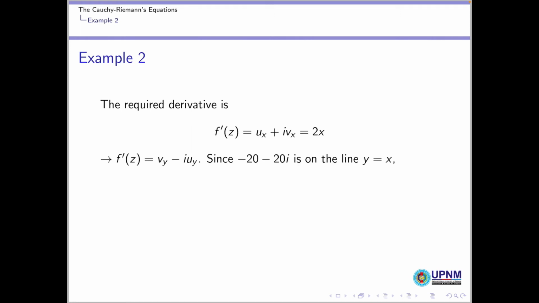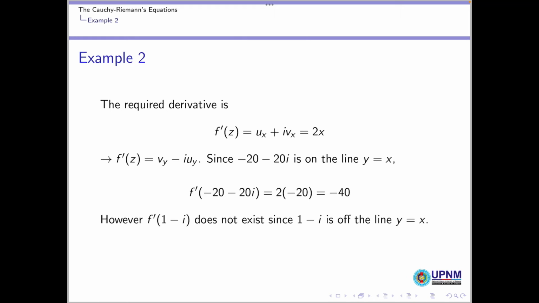Since negative 20 minus 20i is on the line y equals x, where x and y equal negative 20, we can find the first derivative of that function is negative 40. However, f prime of 1 minus i does not exist since 1 minus i is off the line y equals x, because x equals 1 and y equals negative 1.